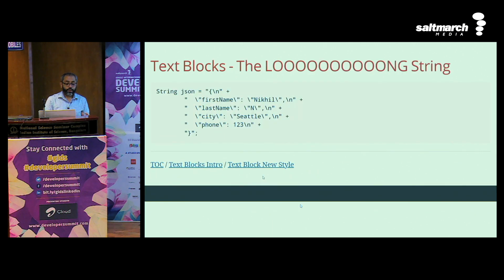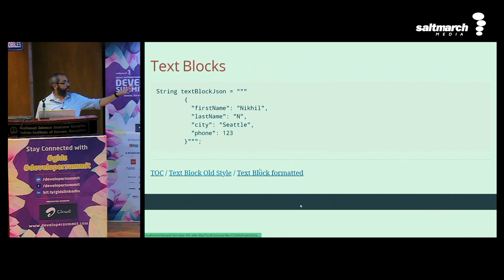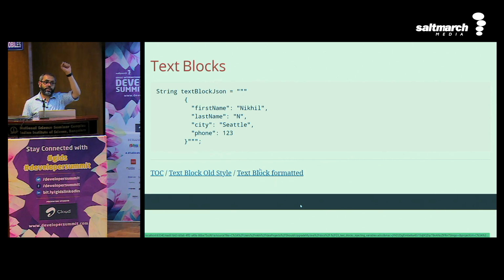Looking at it, there's the long string where you've got all the escapes and all the \n's, and it's basically Nikhil and Seattle, just 1, 2, 3. It's fairly straightforward. Now, if you look at the new style of code, it's basically just that. It's much cleaner. The three double quotes at the start tell Java that a text block is starting, and the three double quotes at the end say that it's ending.